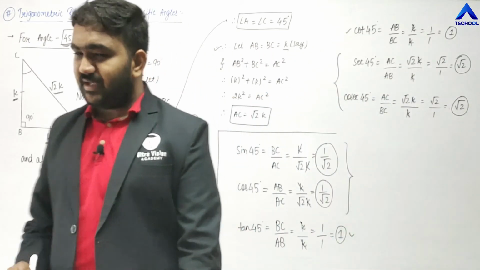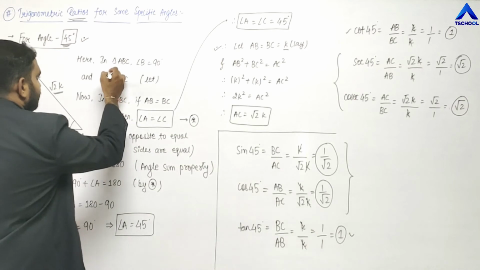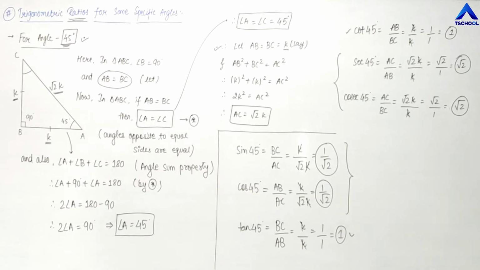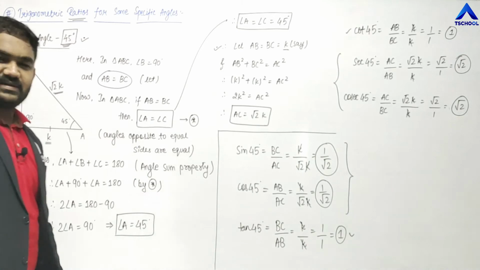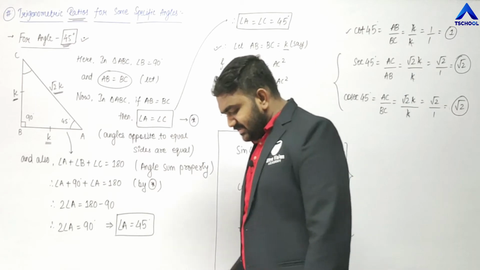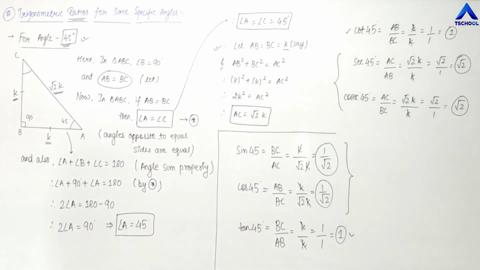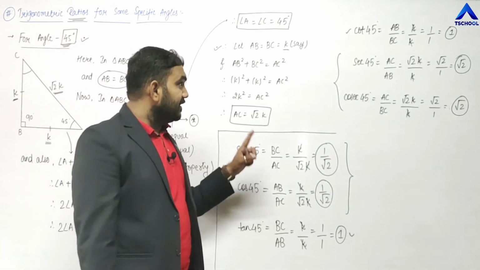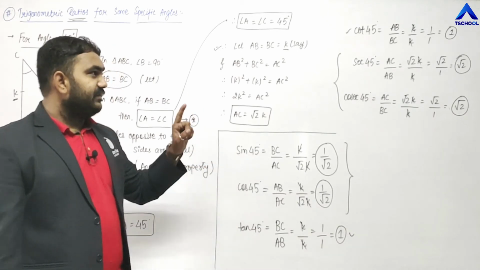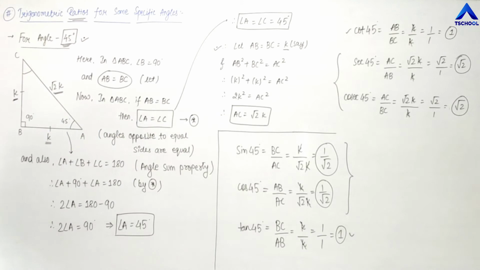Because the reason behind this is this one. The sides making the right angle are equal, and hence we say that the ratios for angle 45 will be equal for these pairs: sin 45 cos 45, tan 45 cot 45, and sec 45 cosec 45. This will be equal. Is it clear?